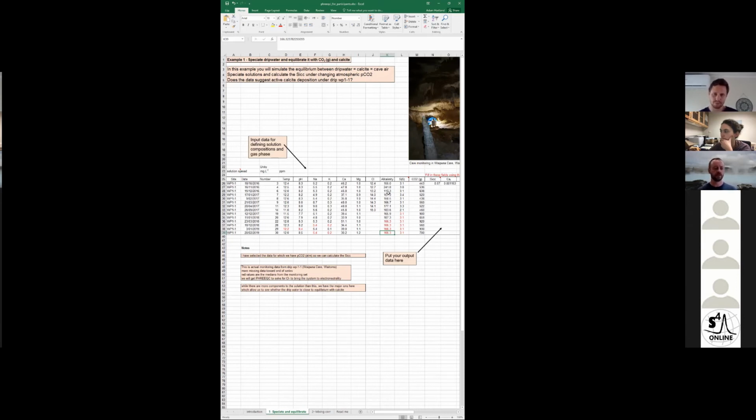So often it's quite straightforward to do cations. You can take an aliquot of water, drip water, and send it for ICP-MS analysis, and you'll get the cations. The anions are harder to do, perhaps, and so sometimes you might not be able to do the alkalinity because that requires a reasonably large volume, and it's a titration process.